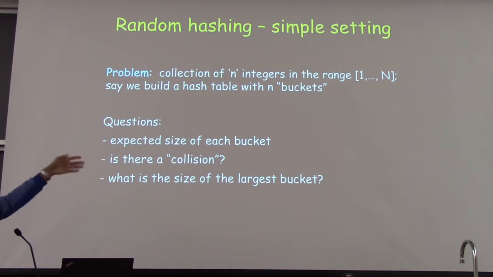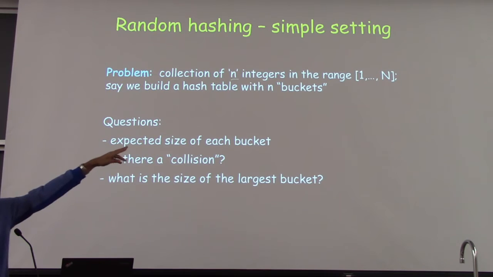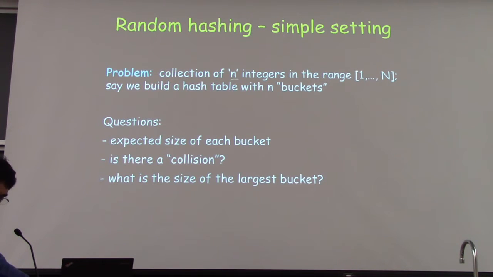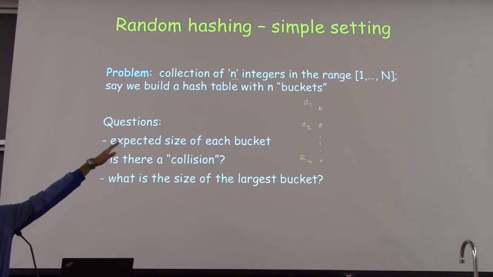Alright, let's make this simpler. Strings are messy to deal with. So suppose you have a collection of n integers in the range 1 through capital N. You have integers a1, a2, up to a_n, and they're all in this range 1 through N. We want to hash them into what are called buckets.